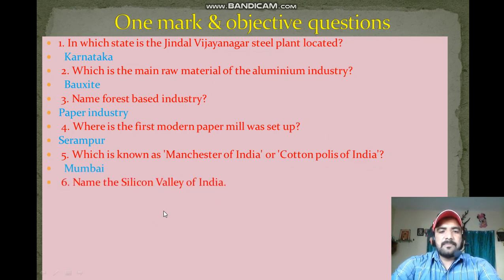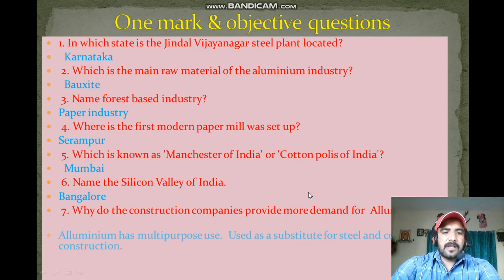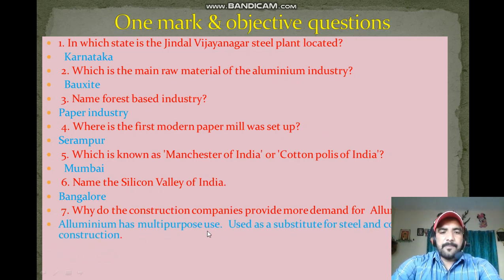Next one, name the Silicon Valley of India. That is Bengaluru. Next one, why do construction companies provide more demand for aluminium? Because aluminium has multi-purpose use and is used as a substitute for steel and copper in construction. Next one, what is meant by manufacturing industries?